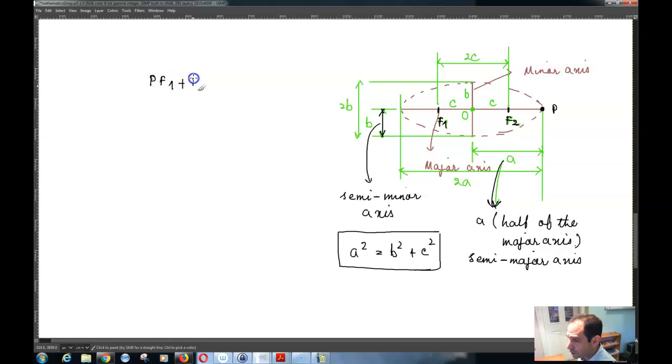That is the sum of the distances of the point P to the two foci.